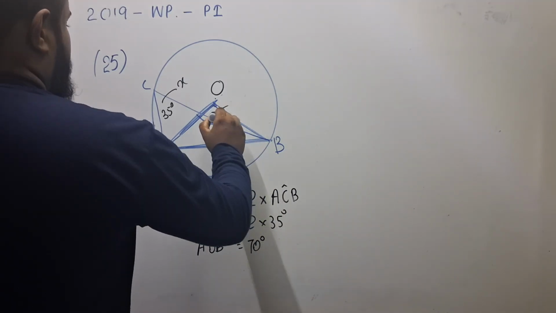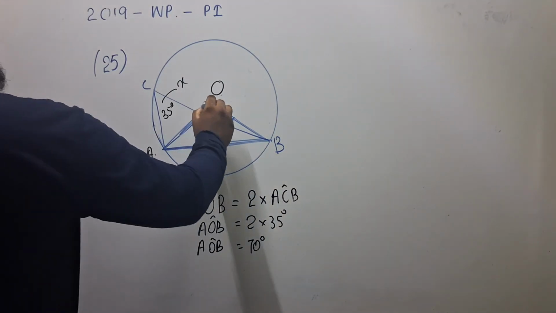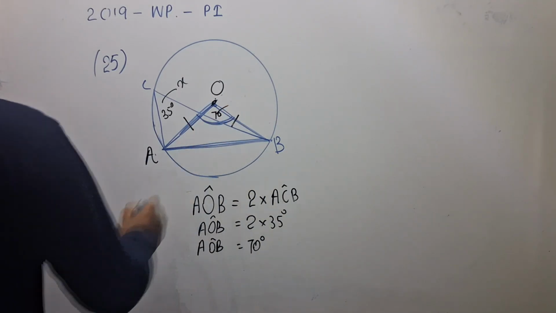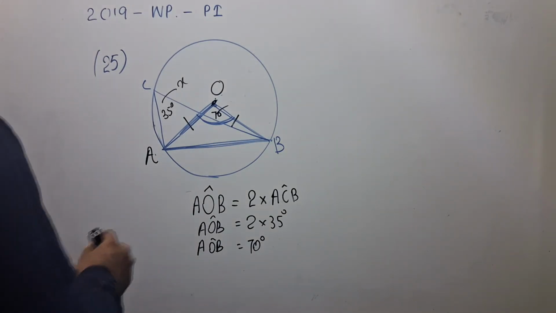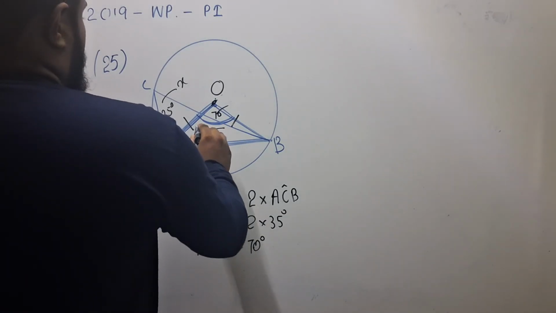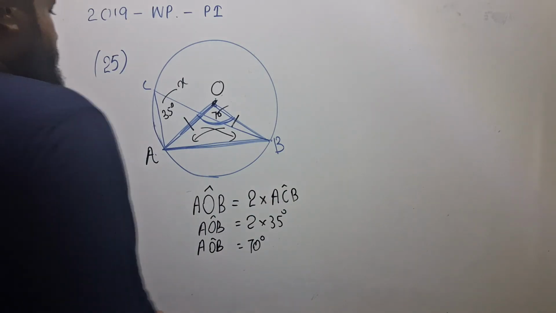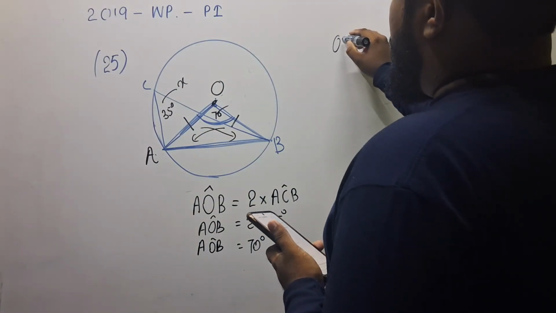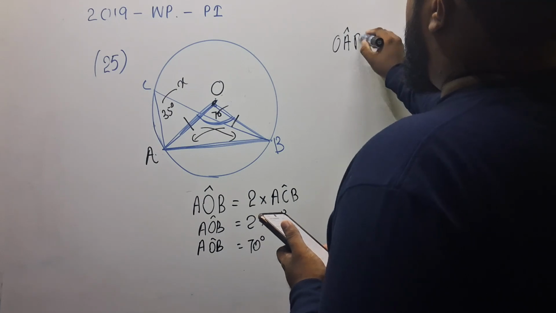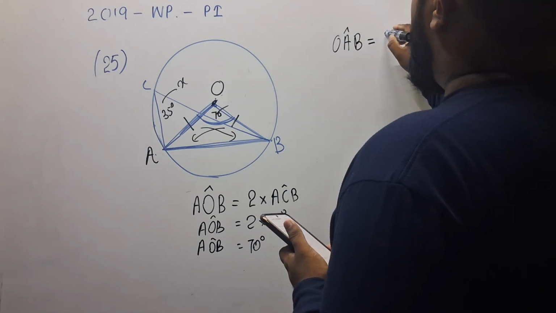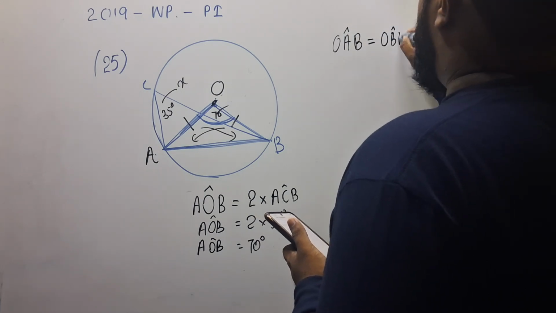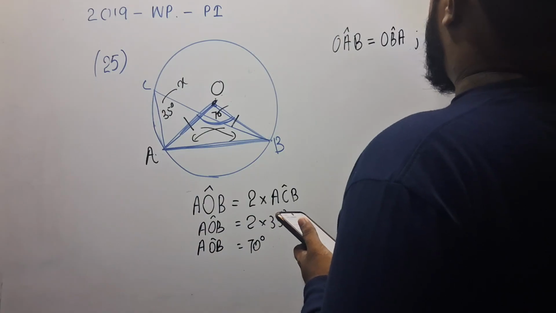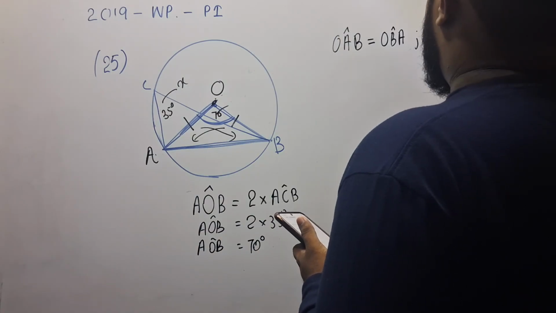This is 70. And can you see this OA and OB? Both of them are radius. So this angle is equal to this angle. So you can write OAB equals OBA. What's the reason? That's an isosceles triangle.